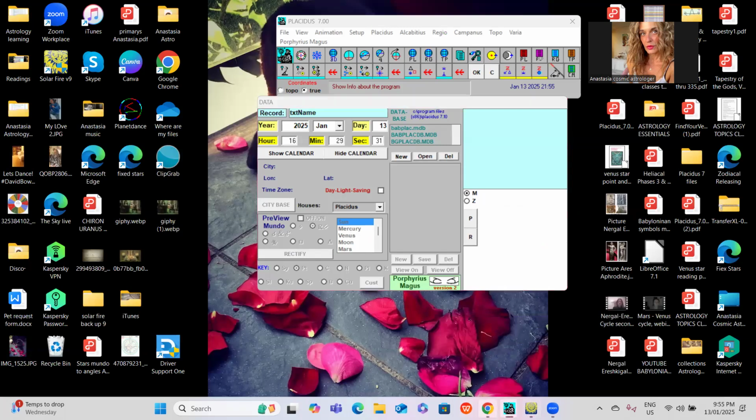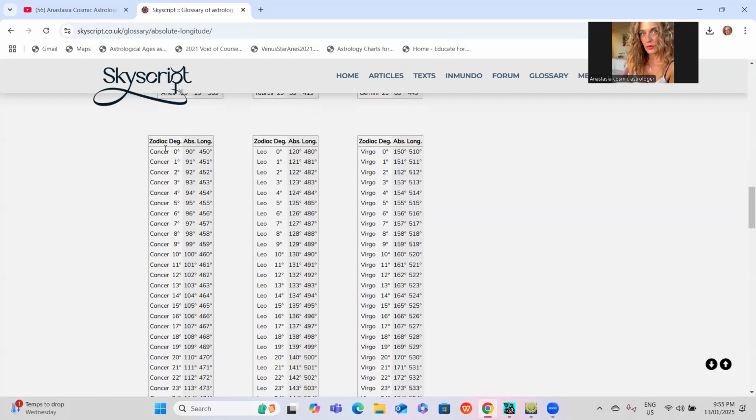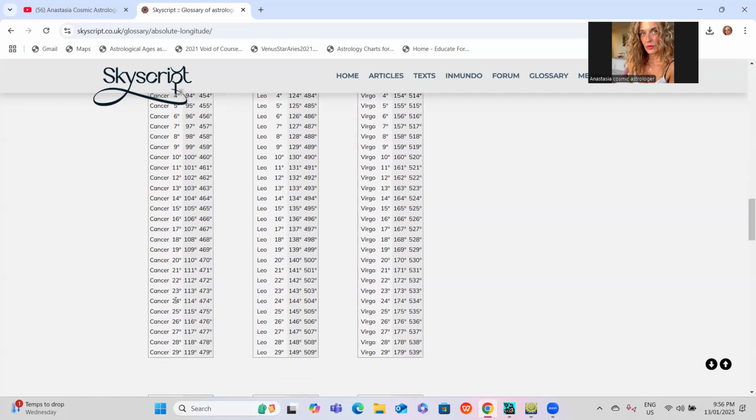Let me just bring that page back up again. So let's find Cancer. There's the column of Cancer. Let's go all the way down to 118 degrees. Boom. There it is. Cancer, 28 degrees equals 118 degrees in absolute longitude.